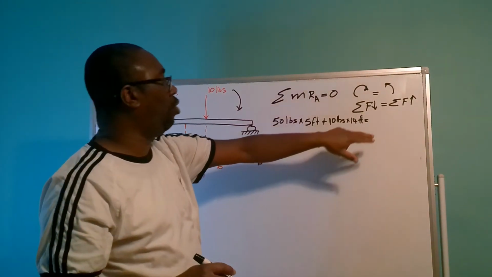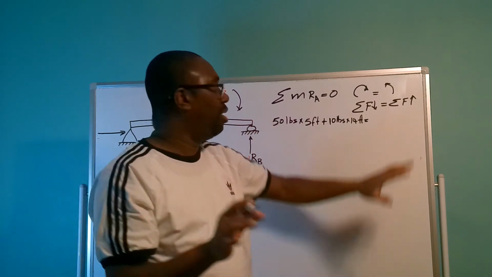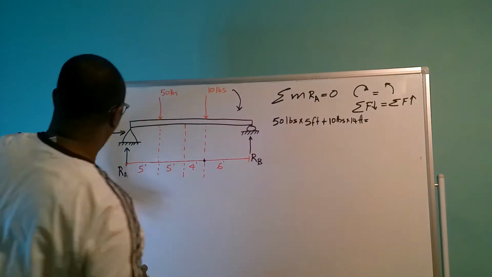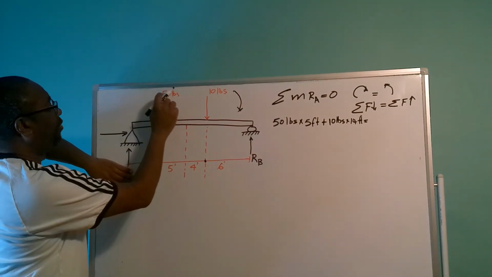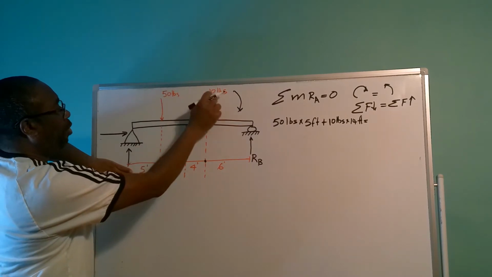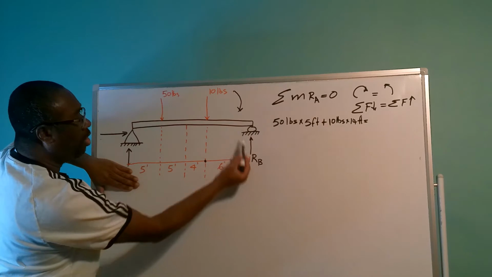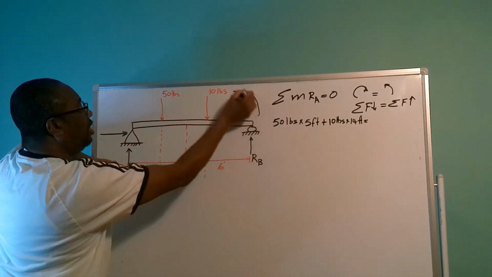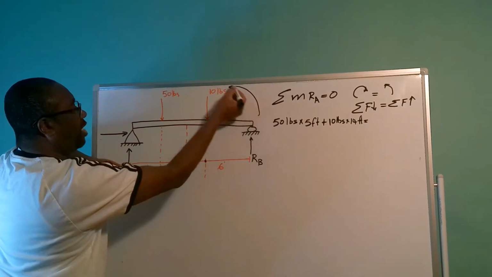So now we are going to look at what force on the beam is turning the beam anti-clockwise. We are still taking moment at RA, and we have dealt with this 50 pound here and this 10 pound here. So the next load we have is RB going up, and RB is going to turn the beam anti-clockwise, in this direction.